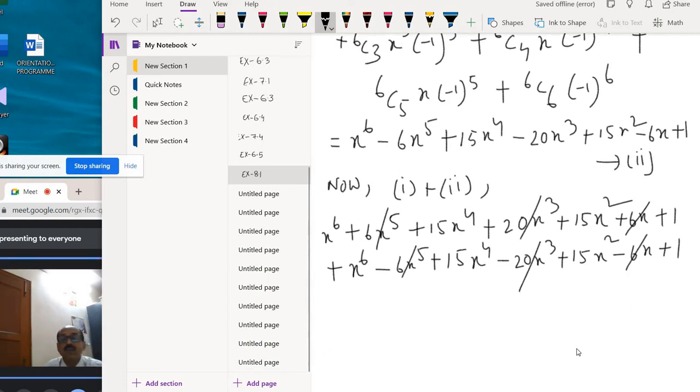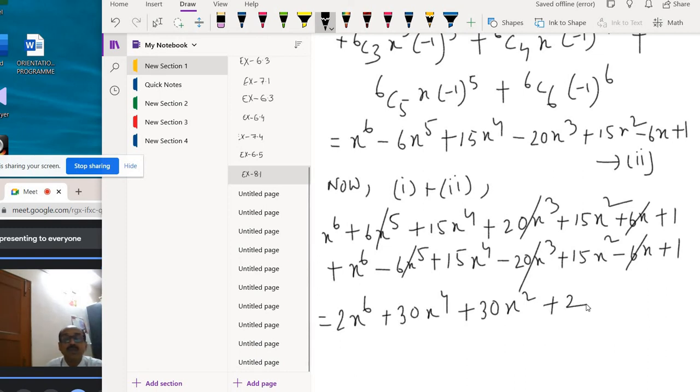Then equal to x to the power 6 plus x to the power 6, so 2x to the power 6 plus 15x to the power 4 plus 15x to the power 4, 30x to the power 4, plus 15 plus 15, 30x square, plus 2.